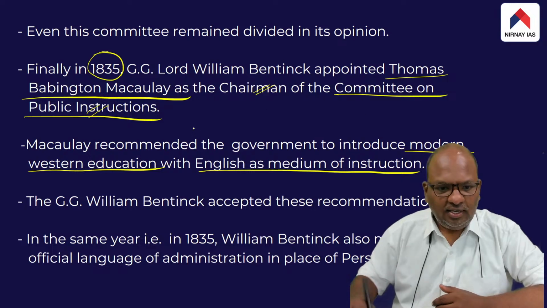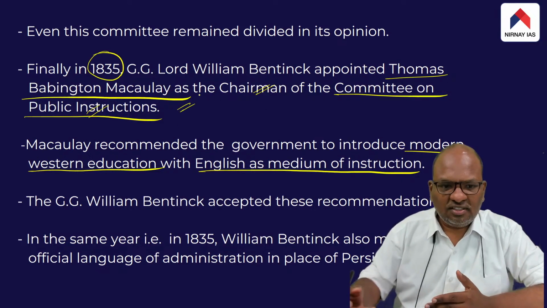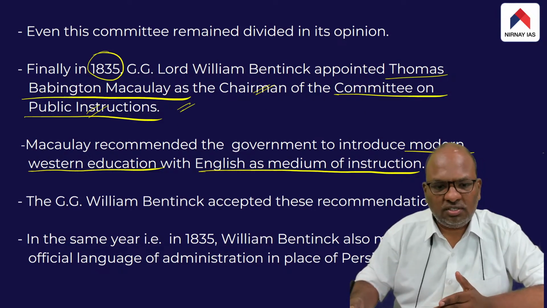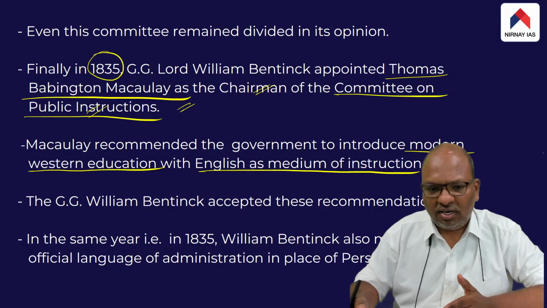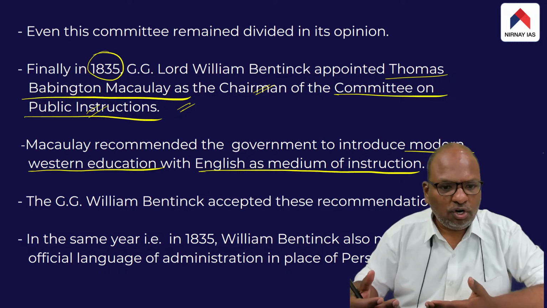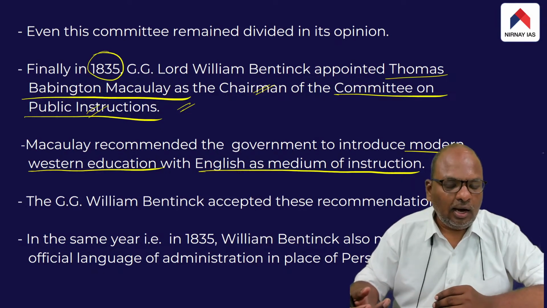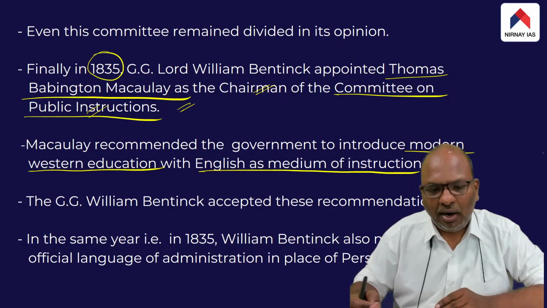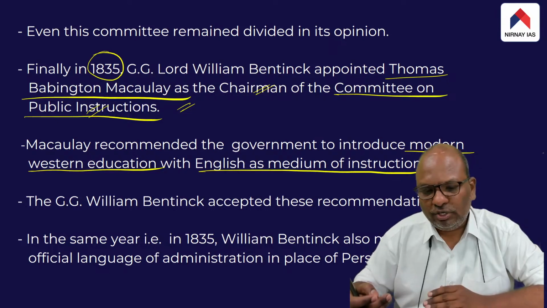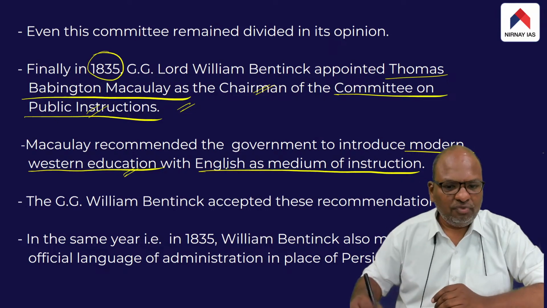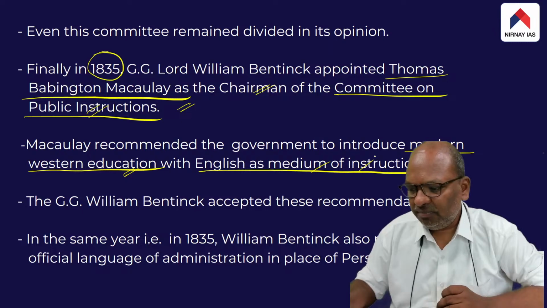So basically, Thomas Babington Macaulay was a supporter of the Anglicist ideas. Therefore, he rejected the demands of the Orientalists. He recommended the government to establish modern Western educational institutions in the country with English as the medium of instruction.